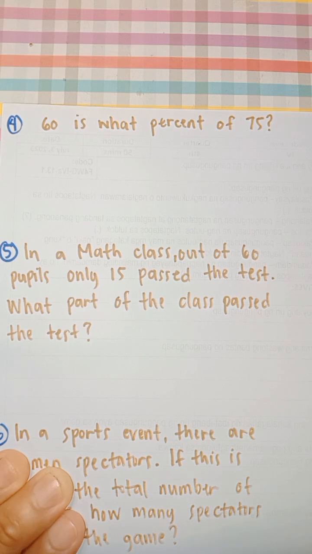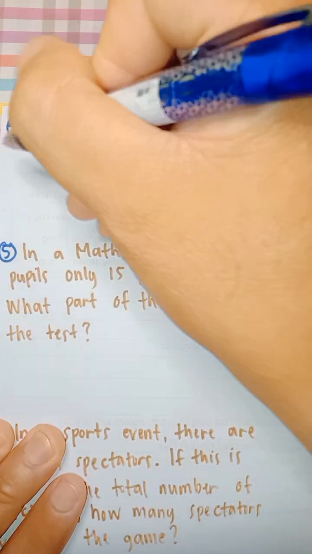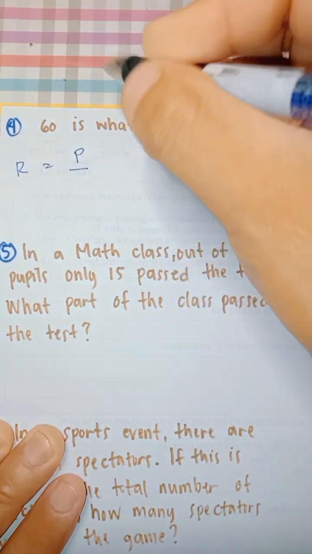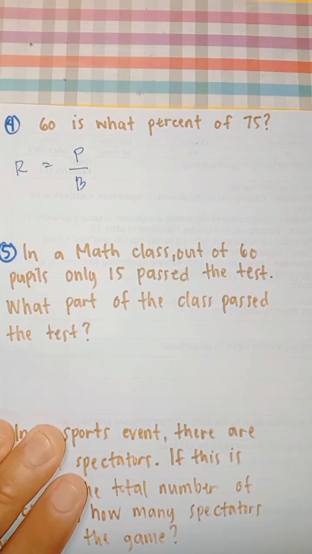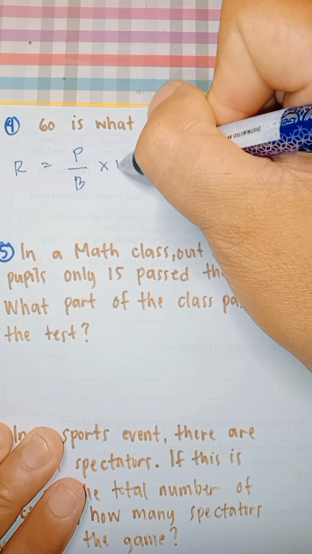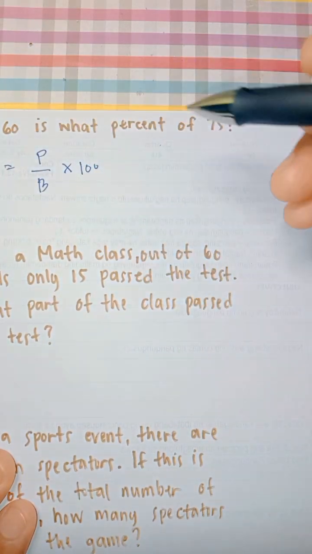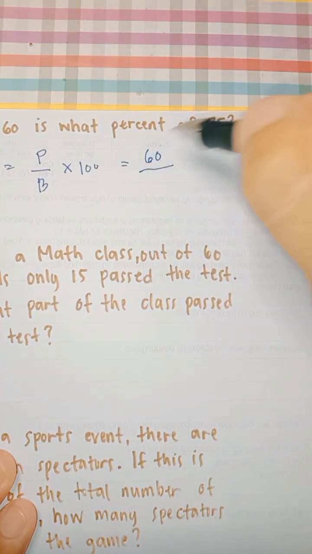Okay, let's answer question number 4. 60 is what percent of 75? This question asks for percent or rate. Remember, rate is percentage divided by base. Since rate has a symbol of percent, let's multiply this formula by 100. 60 is our percentage or P, then the base is 75.